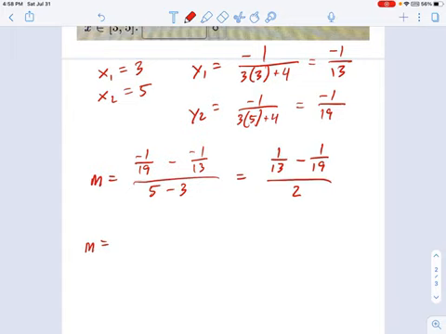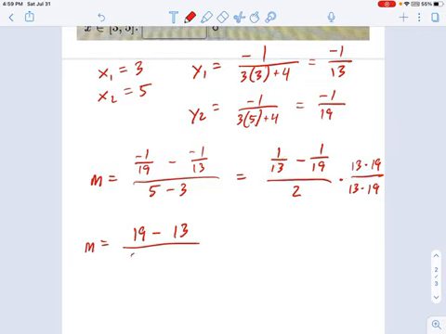So let's go ahead and do that. I'm going to clear denominators by multiplying this by 13 and 19 over 13 and 19. That's my fancy one that I'm going to use to cancel everything out on top. And what that leaves you with on top is 19 minus 13. You can go through the math if you're interested, right? 13 cancels out the 1 over 13 there, and so on.